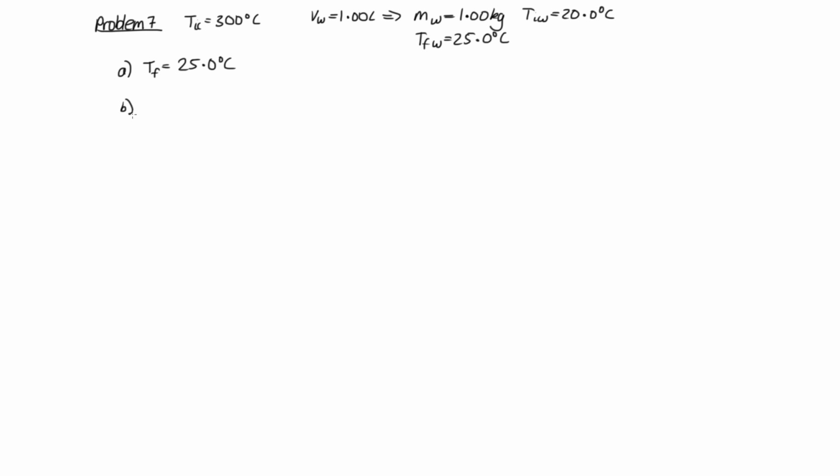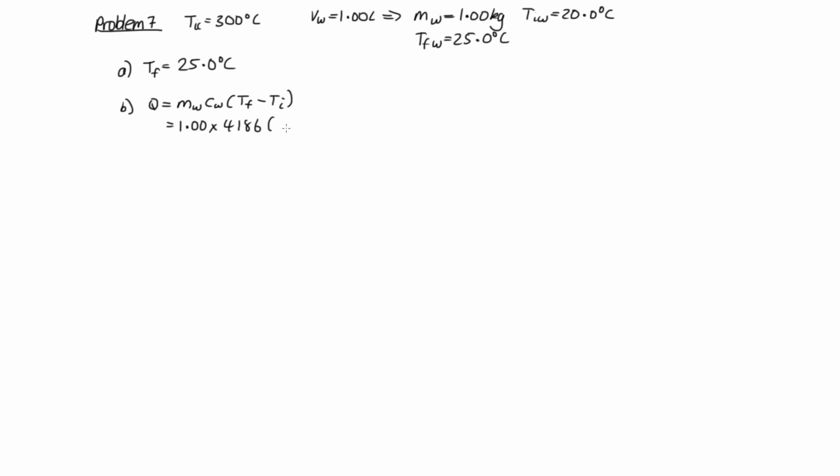So part B asks us how much energy the copper block transfers to the water. The heat transferred to the water is the mass of the water times the heat capacity of the water times the change in temperature of the water, which is the final temperature minus the initial temperature. So we've got 1 kilogram of water. The heat capacity of water is 4,186.